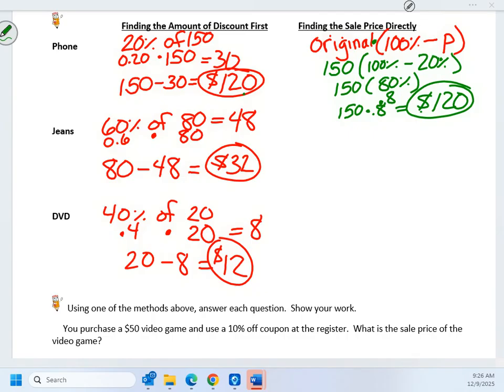Let's look at our jeans. If we're using this formula, what do I set my equation up as? What should I write? When the jeans are $80 and they're 60% off. What's the first number I write, Joy? And then what do I put in parentheses? 60%.